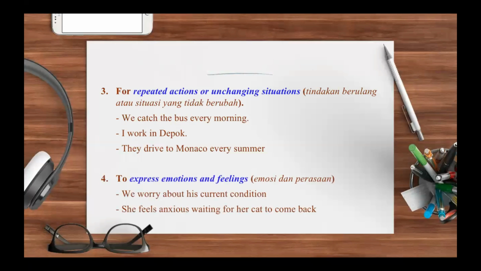Number 4, to express emotions and feelings. For examples, we worry about his current condition. She feels anxious waiting for her cat to come back.